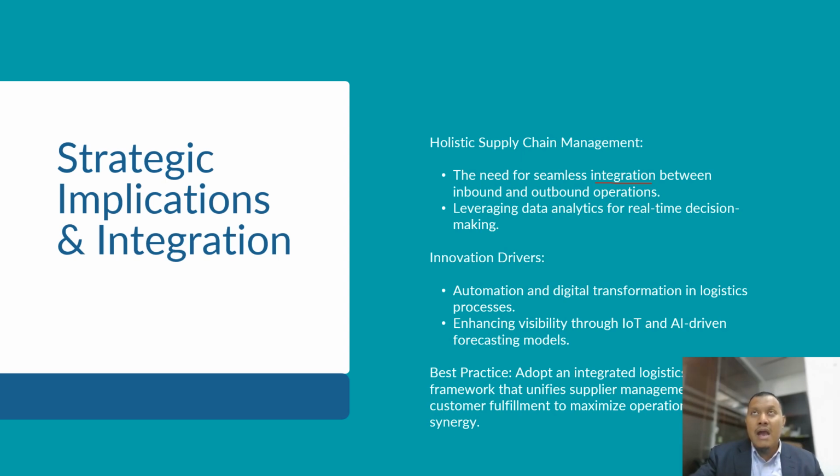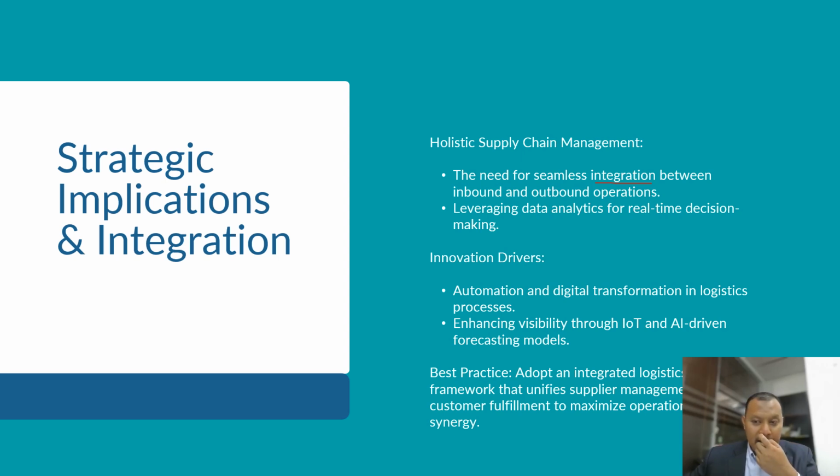It needs to be integrated very well so that whatever input is coming in, it comes in a good way on a timely basis, with good cooperation and synergy with the supplier. Then you do some value-added process, and the way you transform it and send it back to the customer needs to be good as well. The innovation drivers: the first one can be automation or digital transformation in logistics processes, which will help to avoid human error.